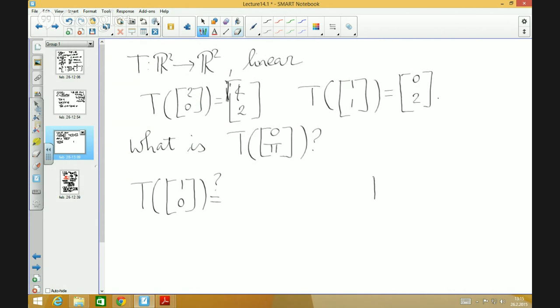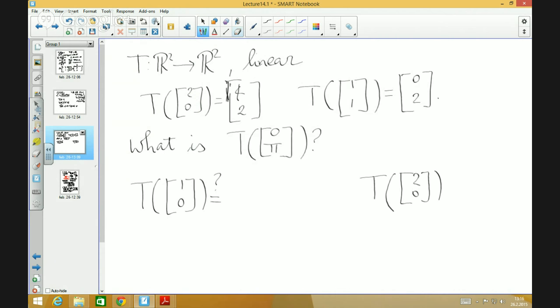Okay, so let me help you a little bit. I know you don't need it, neither you at home nor the people here in the lecture room, but let's do it. Can you write the vector (2,0) in a simpler form that has something to do with (1,0)?